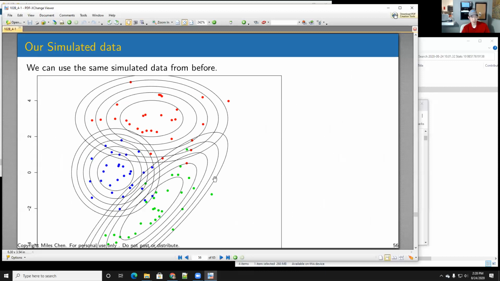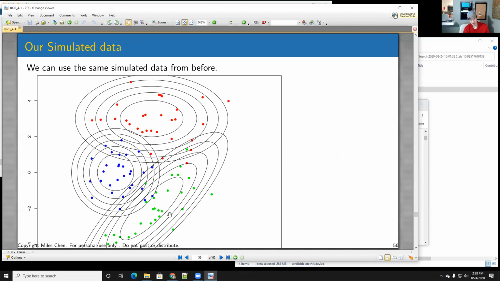Okay, so if we take our simulated data, this is what the true distribution that generated it is, okay? In our simulated data, the red and the blue distributions, the x1 and x2 were already independent. But the green one had covariance.